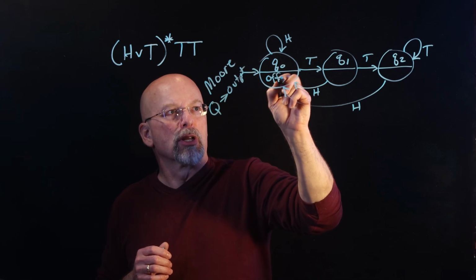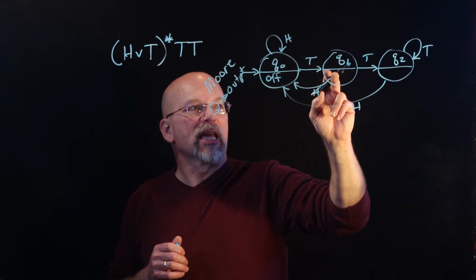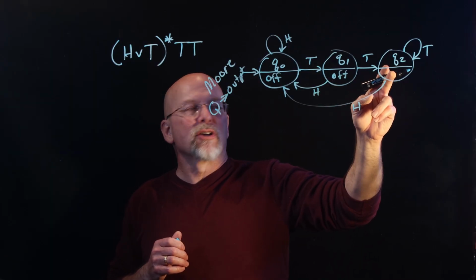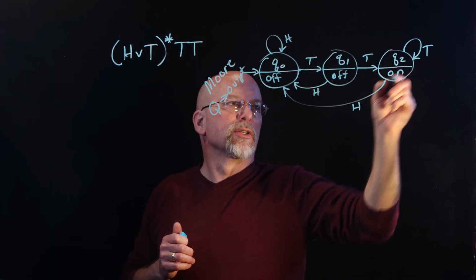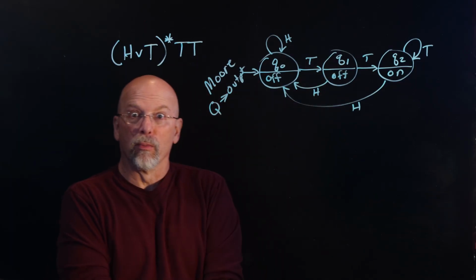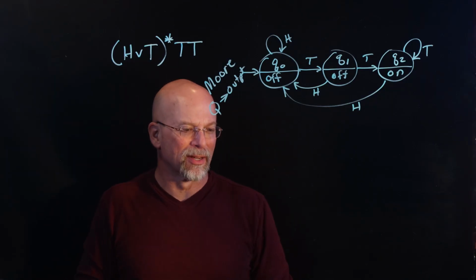The light bulb is going to be off. The last 2 tosses, we had a heads, then a tails. The light bulb is still going to be off. The last 2 tosses were tails. The light bulb is going to be on. And so that gives you an idea of, well, just watch the light bulb. You know whether the last 2 tosses were tails.